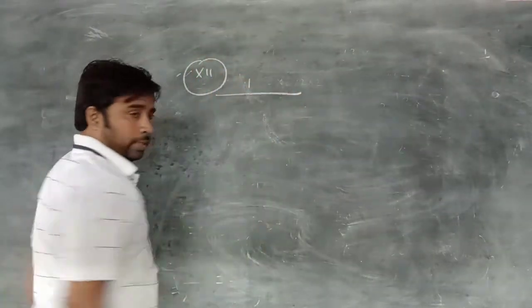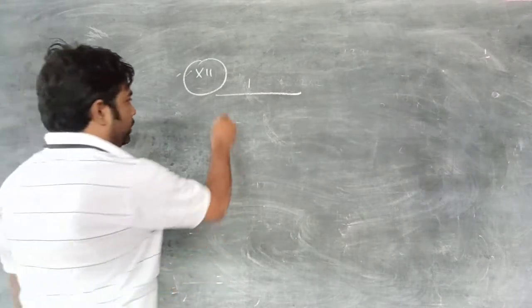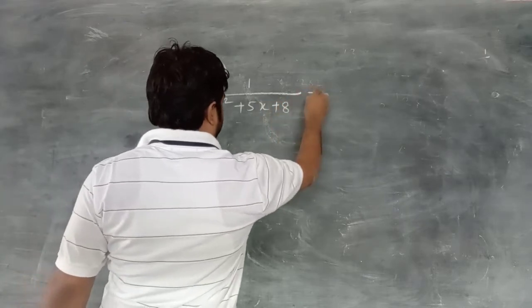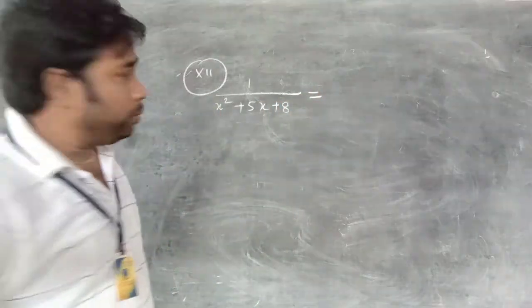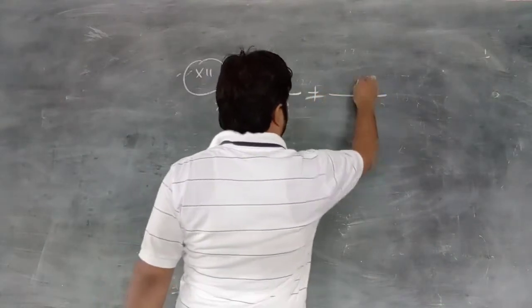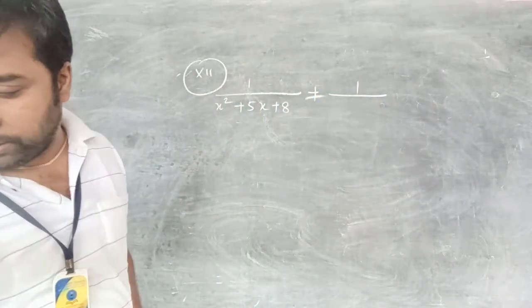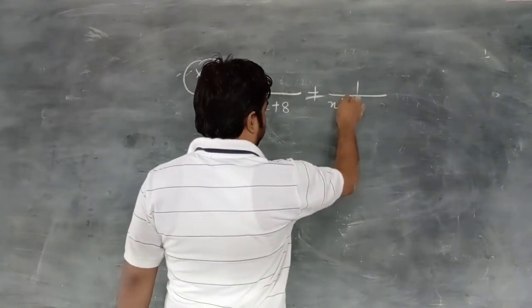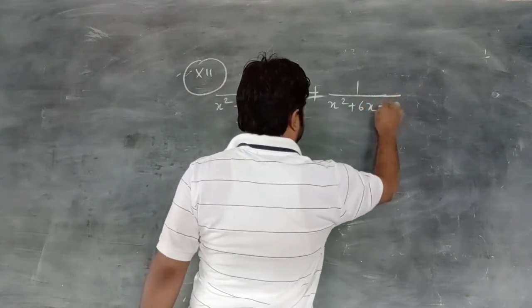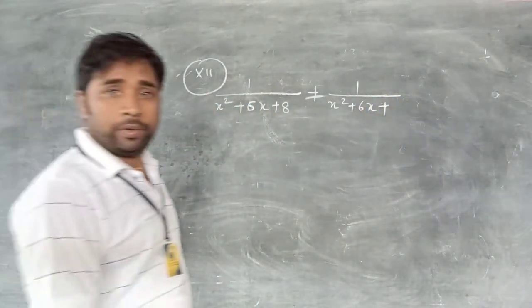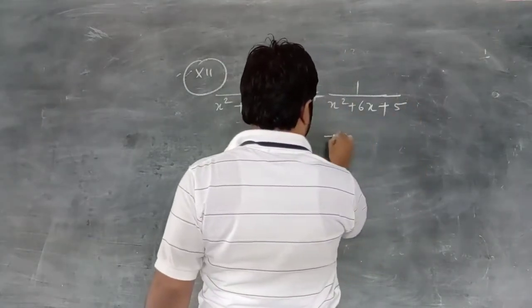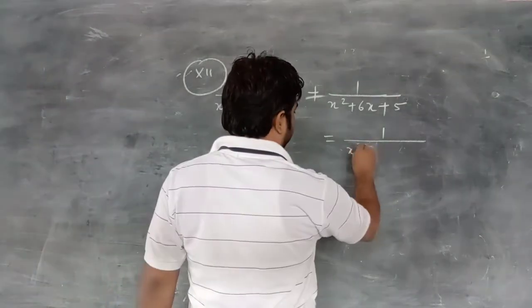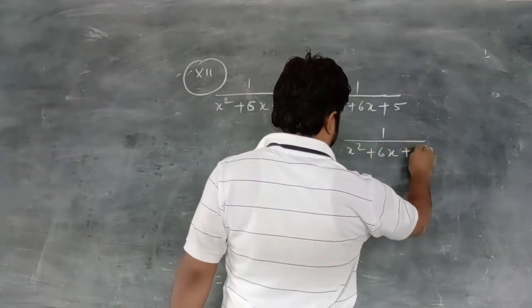1 by x square plus 5x plus 8 plus 1 by x square plus 6x plus 5 equal to 1 by x square plus 6x plus 9.